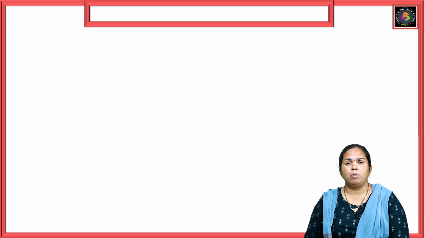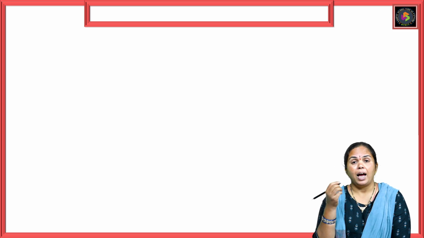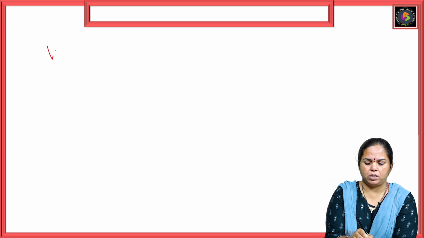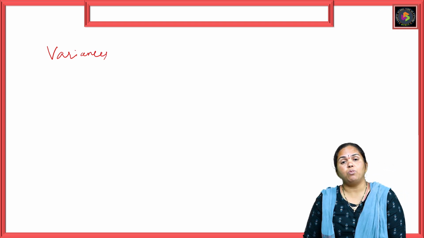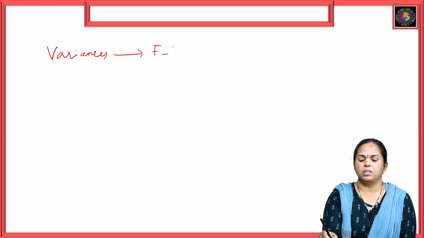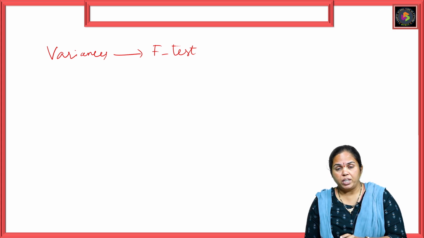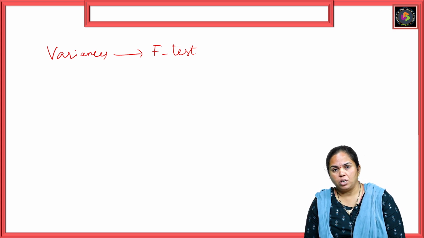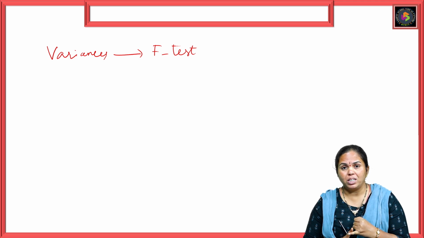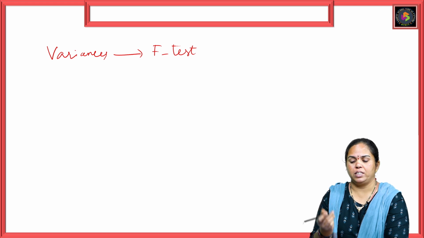If in our problem we don't have these types of wordings, or anything related to the mean or proportion, and we have only the variances, then we use the test called the F-test. In the F-test, we compare the variances, whereas in the Z-test or t-test, we compare the means.